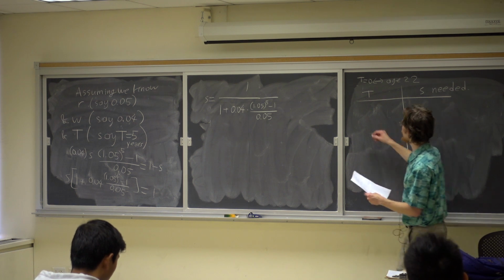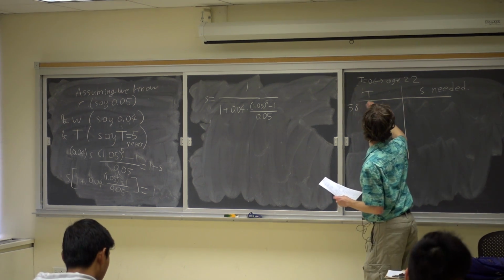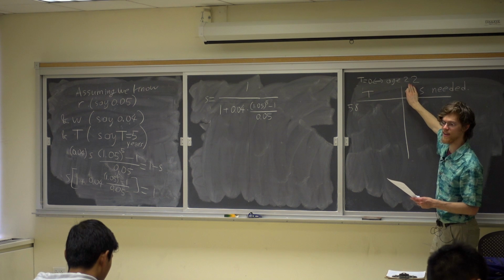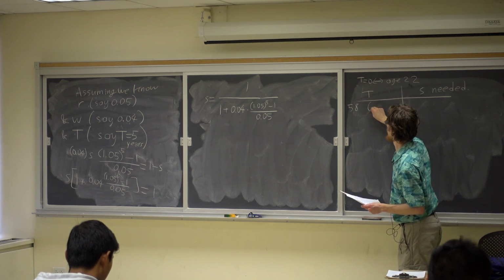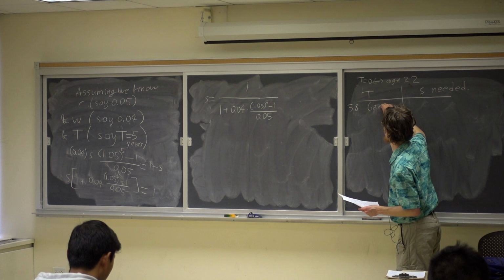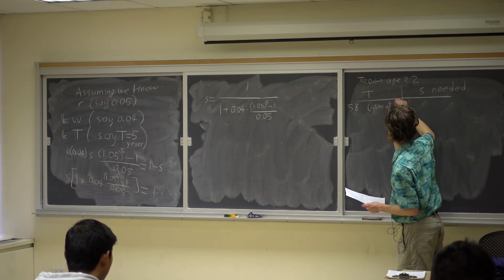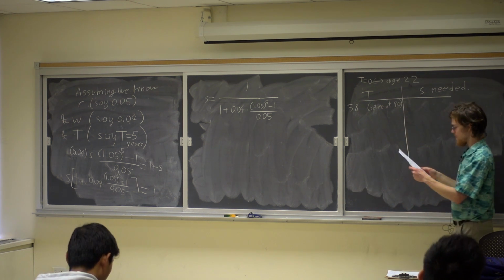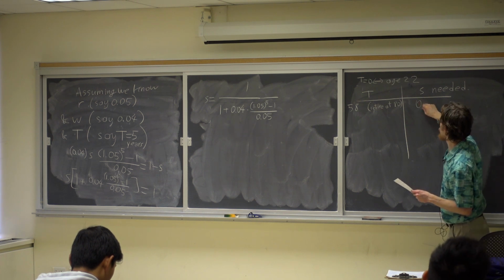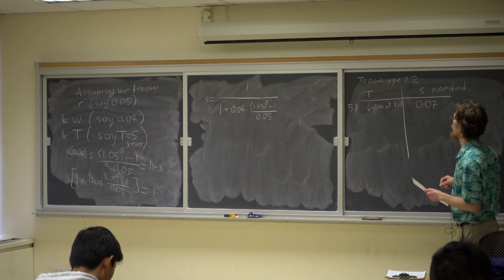So when t is, say, 58, 58 plus 22 is 80. So this would be retiring at 80. Okay, then I found the S to be about 0.07.